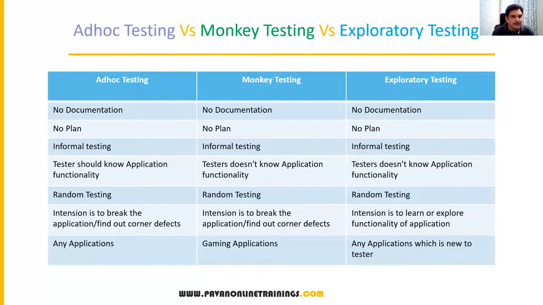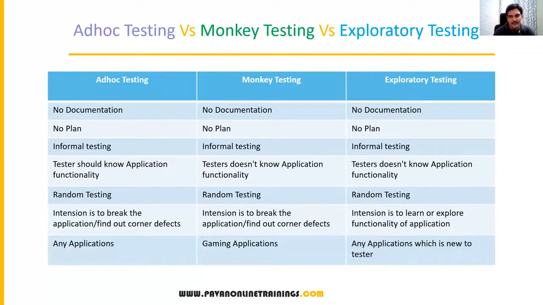Okay. Ad hoc testing can be done on any kind of application, and monkey testing is especially preferred for gaming applications, because most of the time children will play with the games, and they don't know exactly how to operate them. And exploratory testing can be done on any application which is new to the testers.